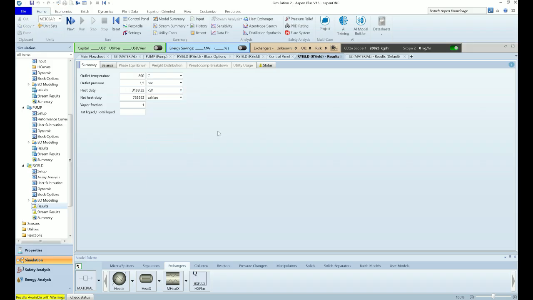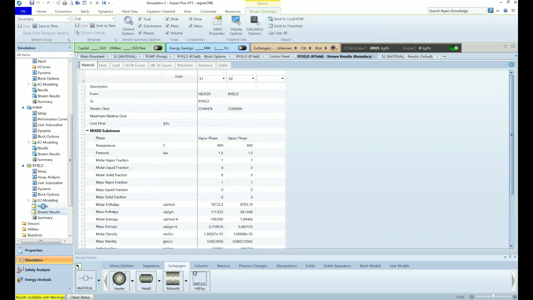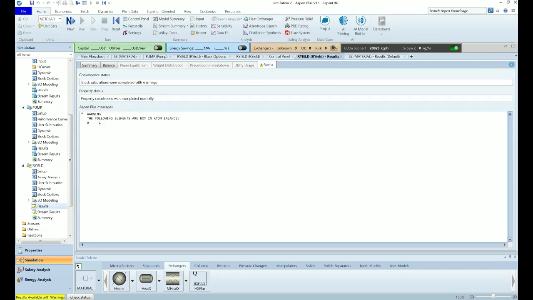or kilowatts. Okay, so this warning is not a problem, because that's common for huge models, since you are determining it based on yield. So in some cases some atoms could not be balanced perfectly, but the total amount of mass is balanced.